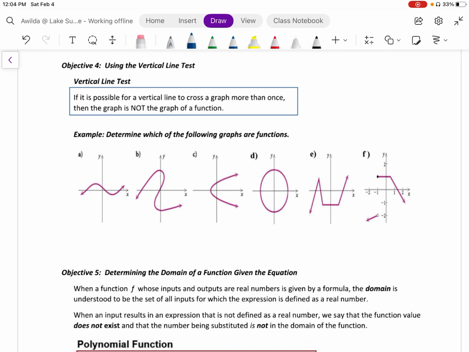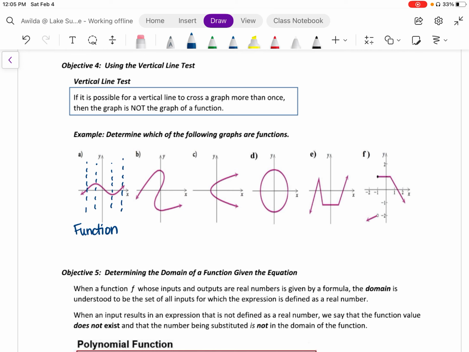So let's look at example A, for instance. No matter what vertical line I try to imagine, it can never cross the graph at more than one point. And that's because there are no 2 points on this graph that are vertically aligned. That means that this passes the vertical line test and that graph does represent a function.